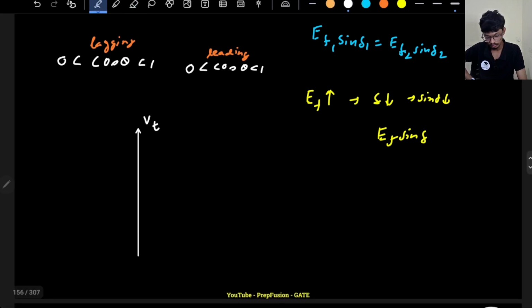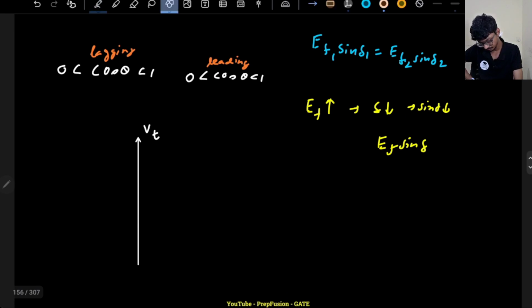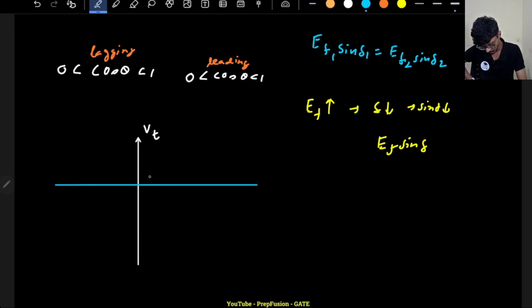I can draw my VT here, and this line is important. Why, I will explain in just a second.